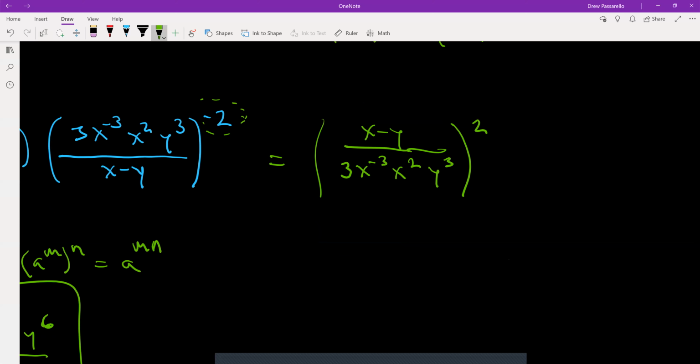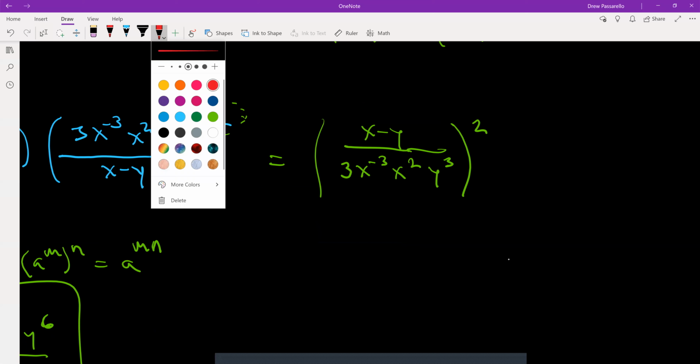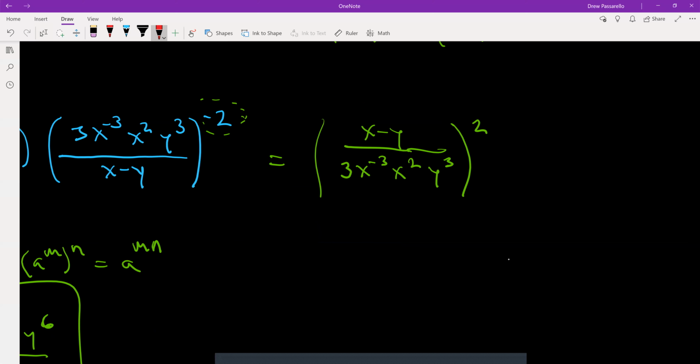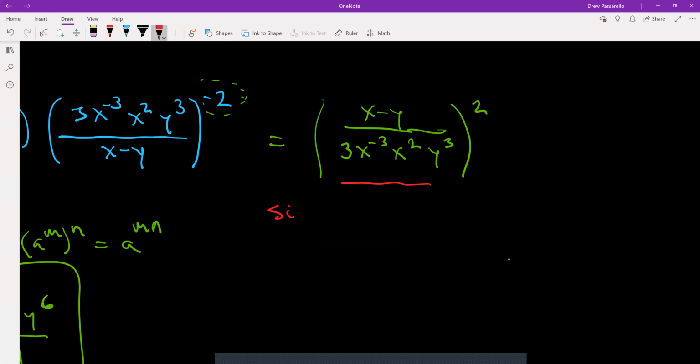All right, and taking care of inside the parentheses, if I can simplify anything in here first, that's what I do. So I'm just saying simplify in the parentheses first. Now I have an x to the negative 3rd and an x squared.